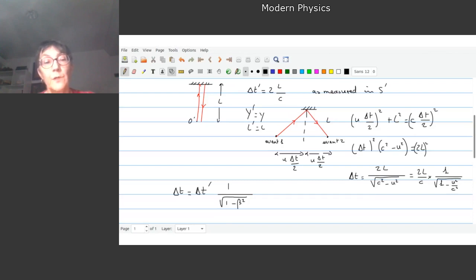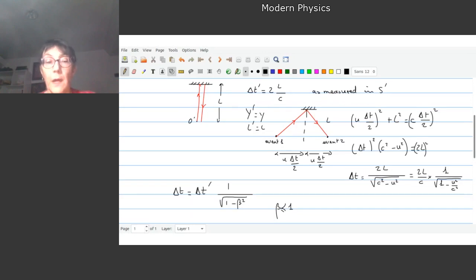So why is it interesting? Which one is the smallest one? Beta is always less than or equal to 1, so you subtract from 1 something which is smaller.